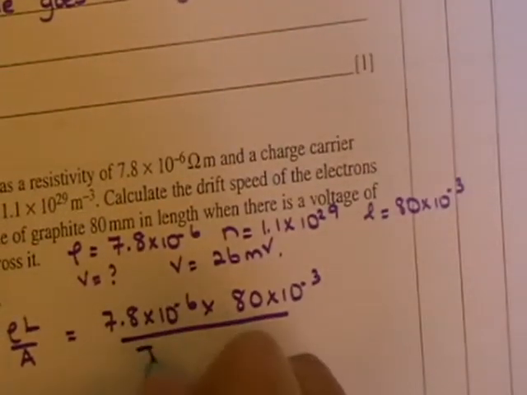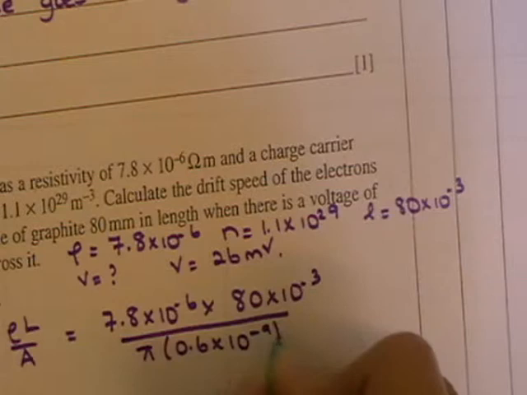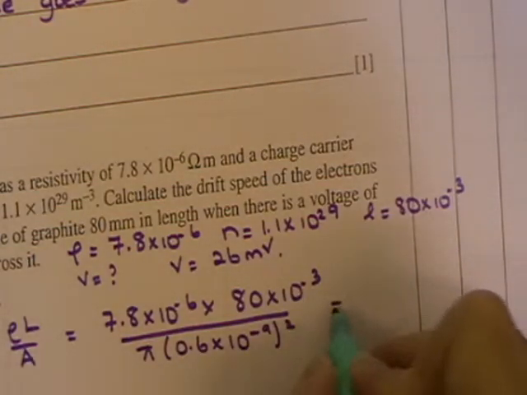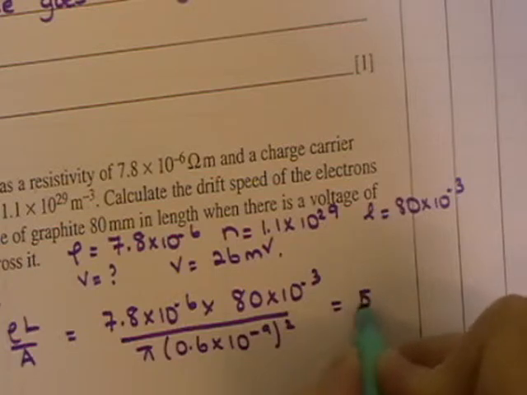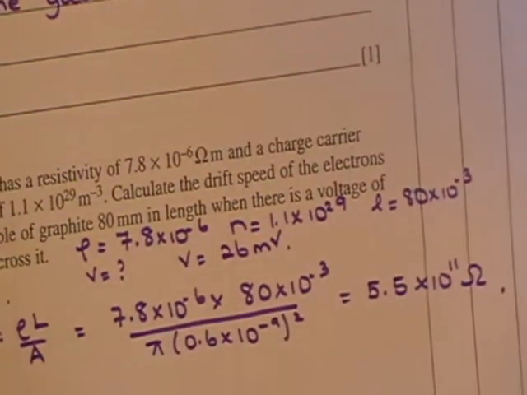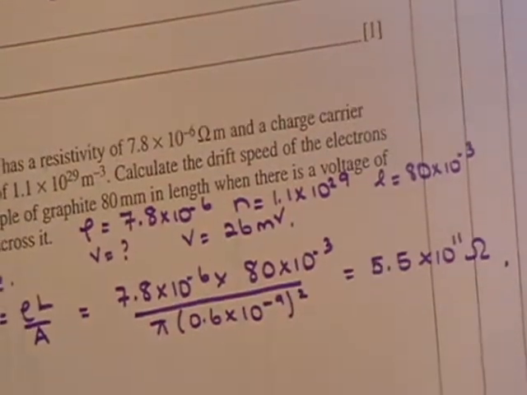So it's pi by 0.6 by 10 to the minus 9 squared. And the resistance comes out as 5.5 by 10 to the 11 ohms.